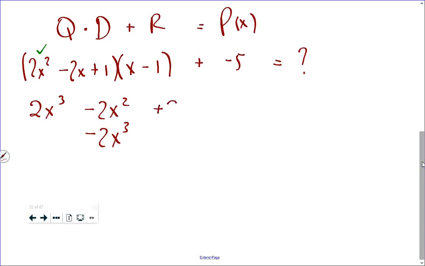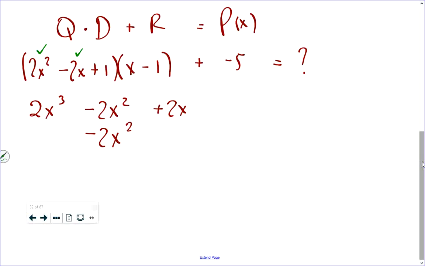Doesn't matter where I write it, I can write it here. And again, I would double check that. The negative 2x times the x is negative 2x squared. I'm pretty sure I said squared, but I wrote cubed. Negative 2x times x is negative 2x squared. Negative 2x times negative 1 is 2x. Are we good there so far? Okay. And I would put a check mark there if you need to be more organized.